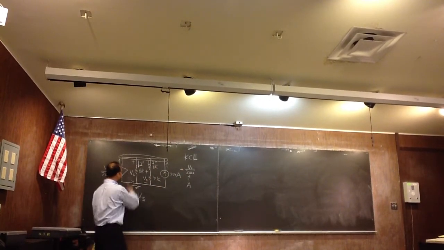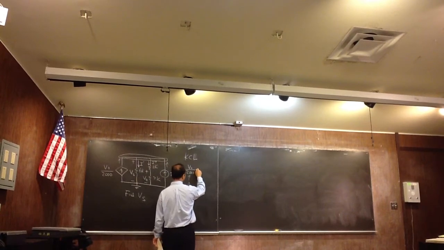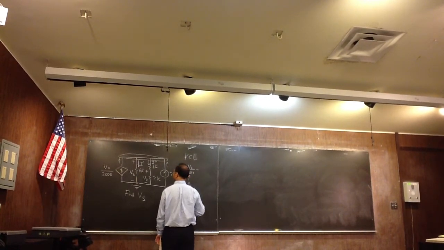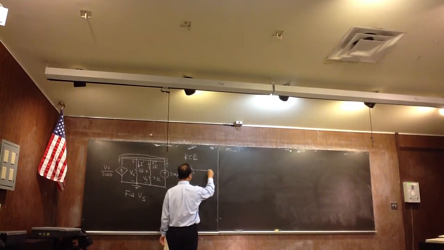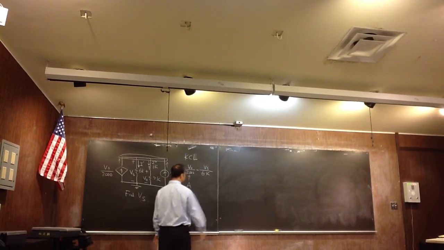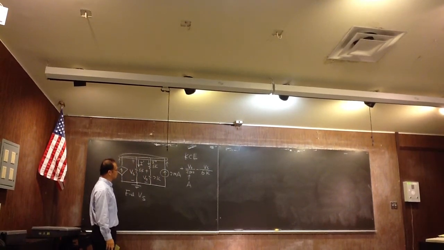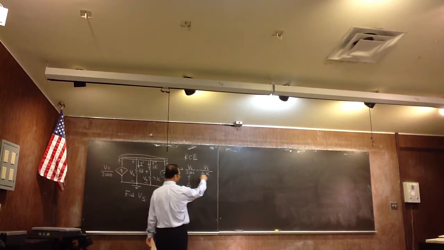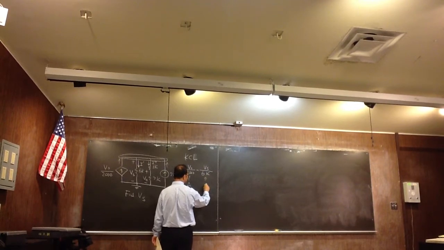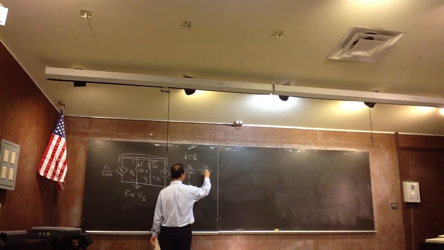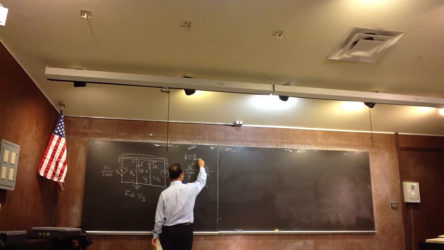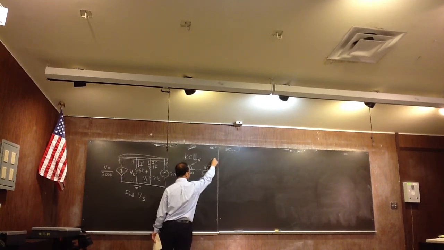And then this one is leaving, so we give it a minus sign. Minus V sub S over 6K. Again, this is the current, so it should be the unit of amps.